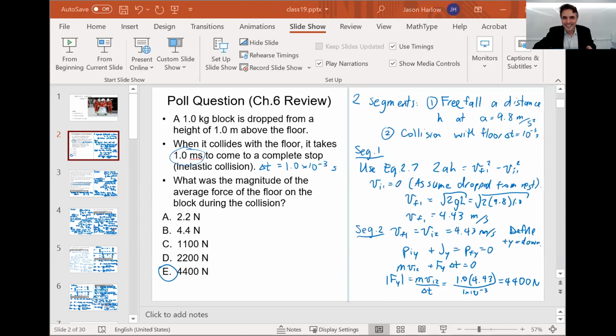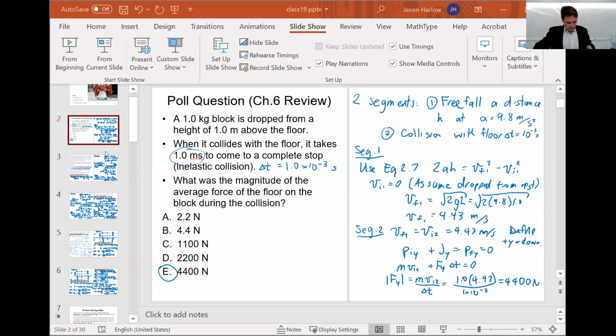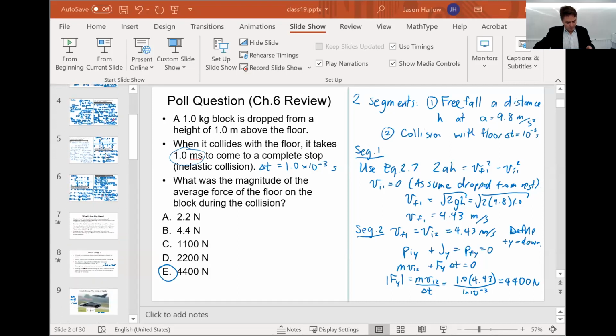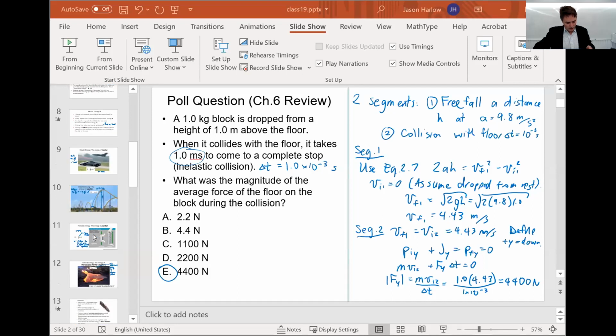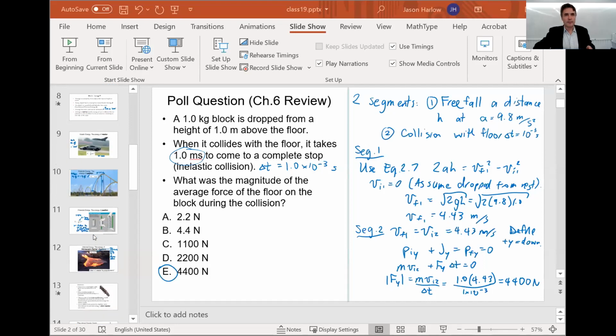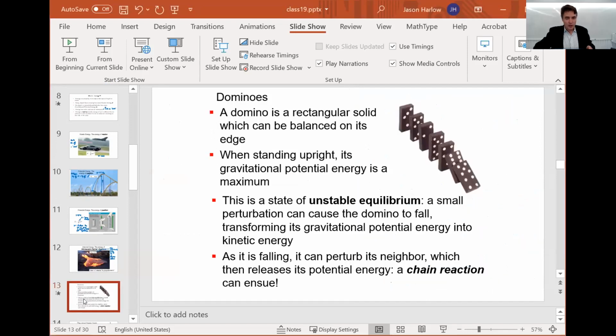Hi, Professor. So where would objects reach an unstable equilibrium? When would that happen? Good question. Anytime there's a situation where a small perturbation makes the potential energy decrease, that's called unstable equilibrium.